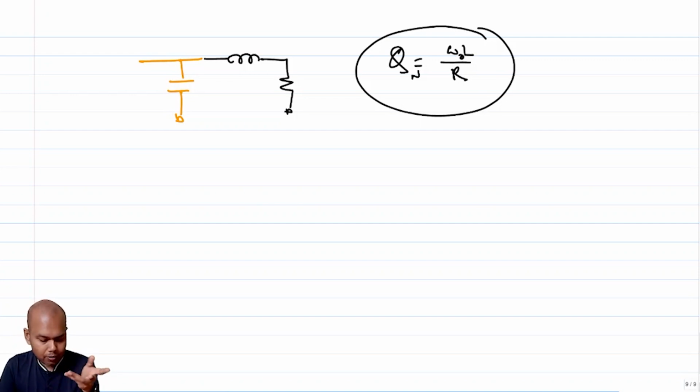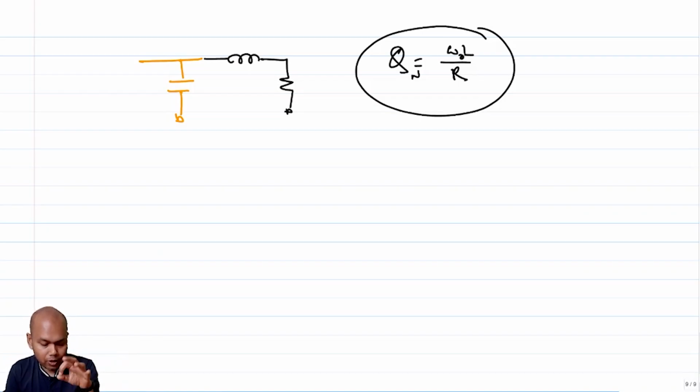Now, if I am not able to set L to a corresponding value, which otherwise what I essentially mean is that I am not able to set the resonant frequency or the Q independently, then it becomes a problem. Now you might say that let's set Q to be whatever value we want, and then we resonate it out with the capacitance, right? But the problem will still remain because you have to set omega naught.